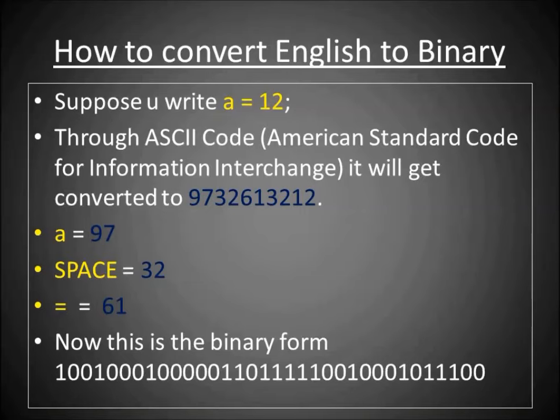So you can have decimal digits, and after converting them to binary, you can have the binary form. So in the ASCII list, a is equal to 97, space is equal to 32, and equals is equal to 61.